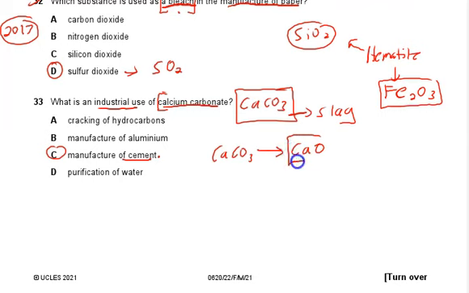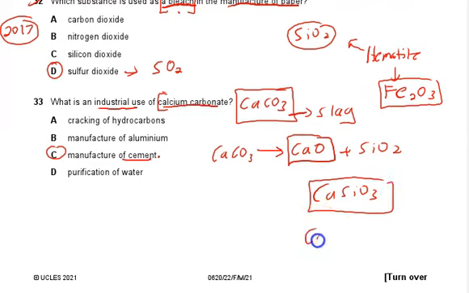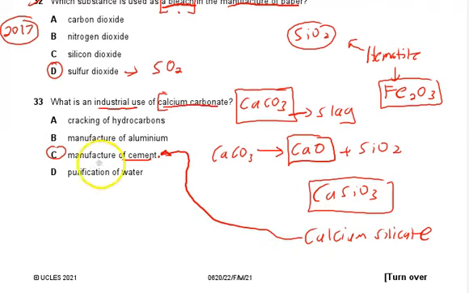So this calcium oxide will combine with the impurities and form calcium silicate. Calcium silicate is used as one of the raw materials for the manufacturing of cement. Okay, so 33 is C.